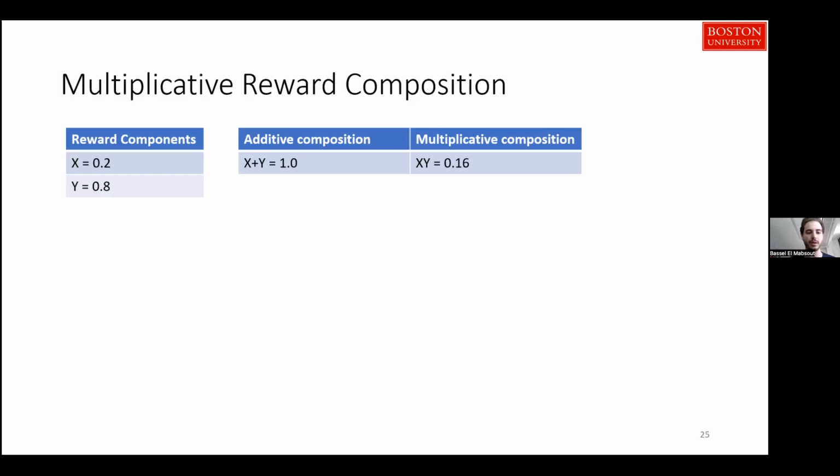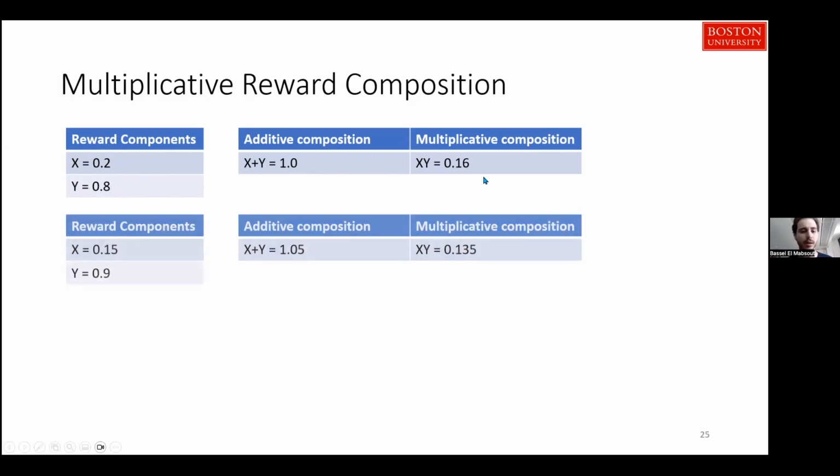If we have, for example, our trajectory tracking, x, at 0.2, so we're not doing really well on trajectory tracking, while our power consumption, y, is at 0.8, so we're doing well on power consumption. If we add them up, we get 1.0. If we multiply them, we get 0.16.